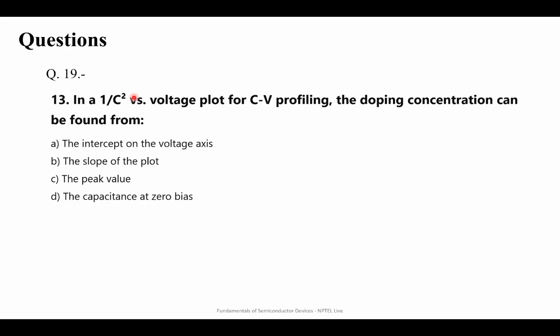So related question, in a 1 by C square versus voltage plot for CV profiling, the doping concentration can be found from the intercept on the voltage axis, the slope of the plot, the peak value, the capacitance at zero bias.